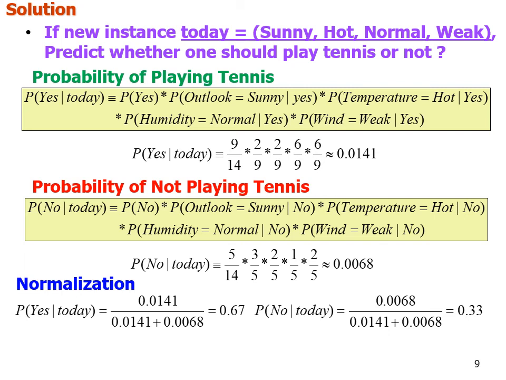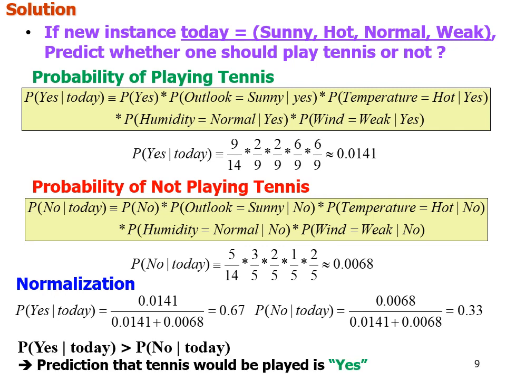probability of not playing tennis given today divided by probability of playing tennis given today plus probability of not playing tennis given today. So this is the normalization, and substituting the values, it comes out to be 0.33. That means probability of playing tennis today is equal to 67% and probability of not playing tennis today is equal to 33%.